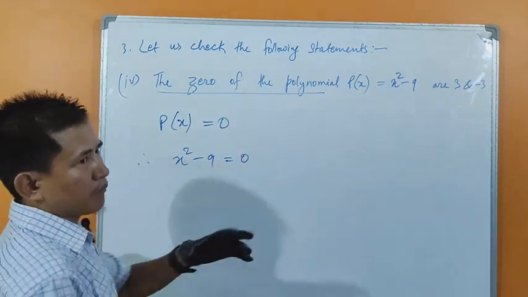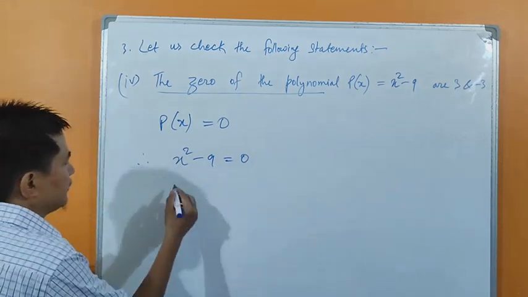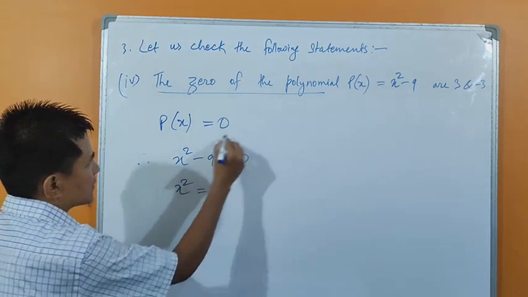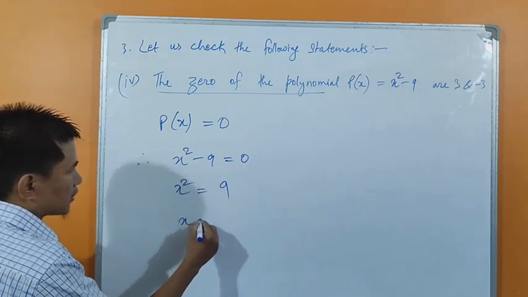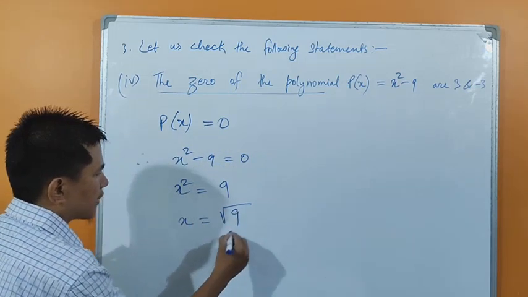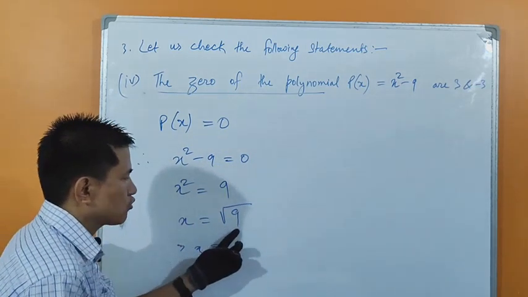This can be done by two methods. I will teach you the two methods here. This can be written as x square equals to minus 9 when taken to the right hand side becomes plus 9. So x equals square root of 9.